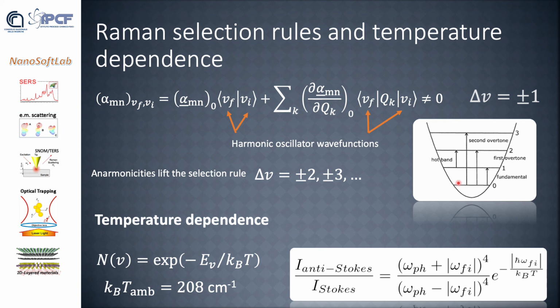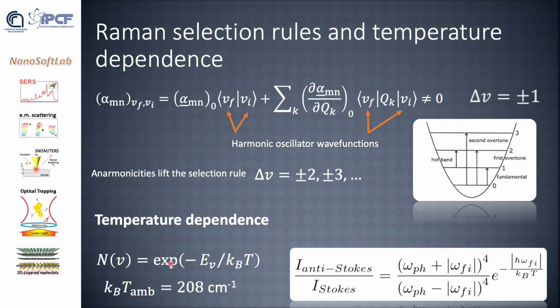As well, for the anti-Stokes, we will have nu equal to 1 to nu equal to 0, and so the probability will also be proportional to the number of molecules that lie in the state 1.